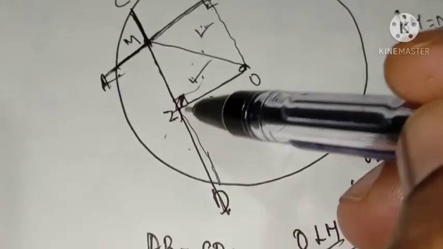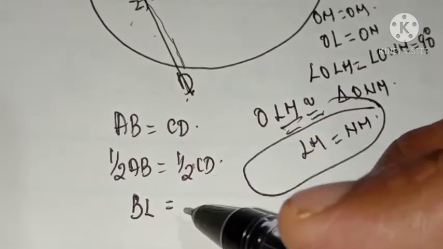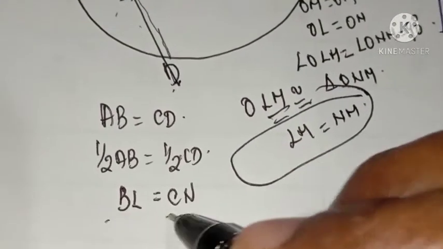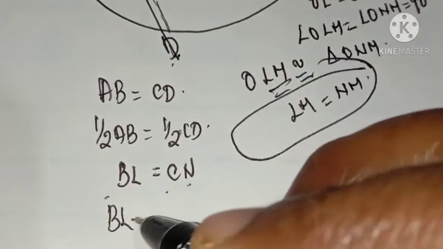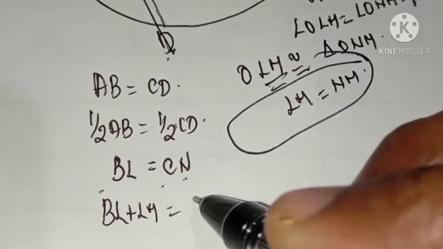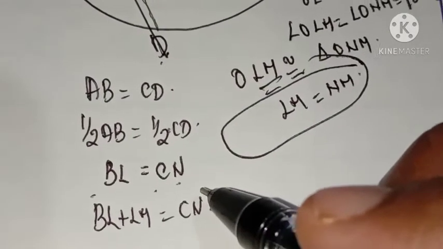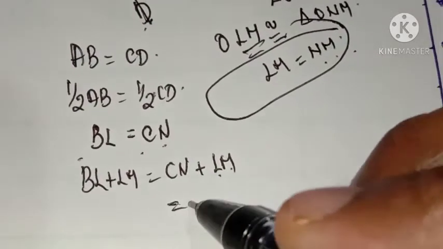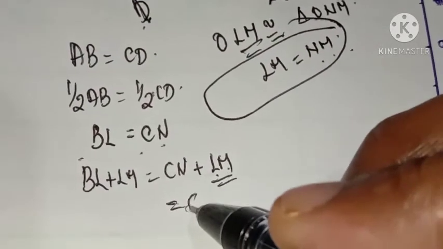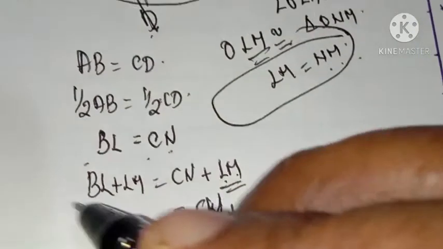Half of CD means CN or DN, so take CN. BL is equal to CN. Now add LM on both sides: BL plus LM, and similarly CN plus LM. Here LM is equal to NM, so put NM here: CN plus NM.